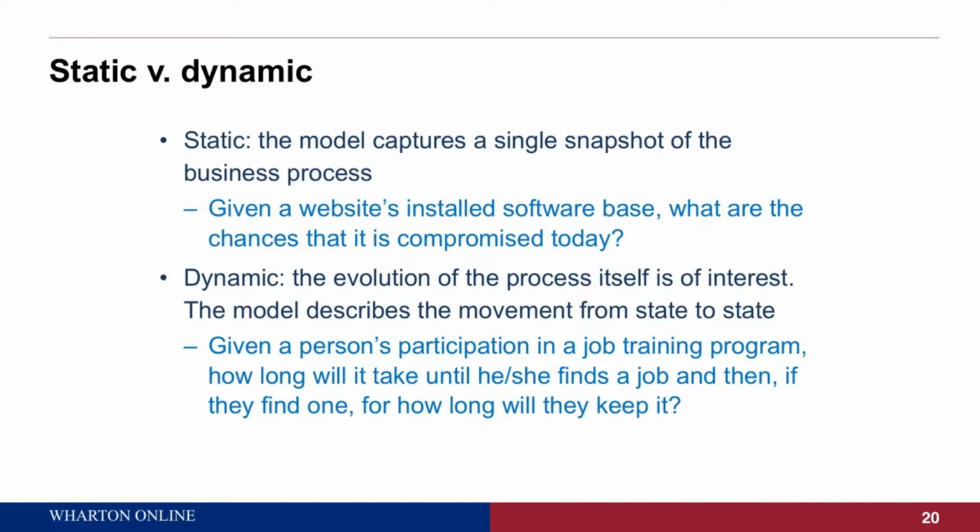Here's an example of what I would think of as a dynamic model, the sort of question that a public policy individual or an economist would be interested in. Given a person's participation in a job training program, how long is it until he or she finds a job? And then, once they find one, how long can they keep it? I'm thinking here that a person's participation in the labor market goes through a set of states.